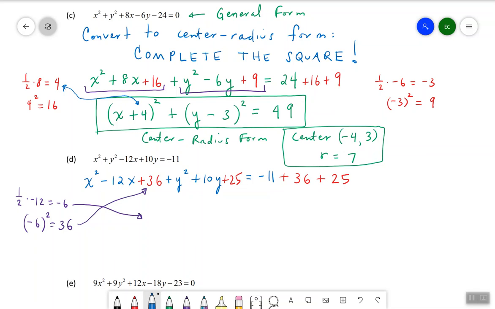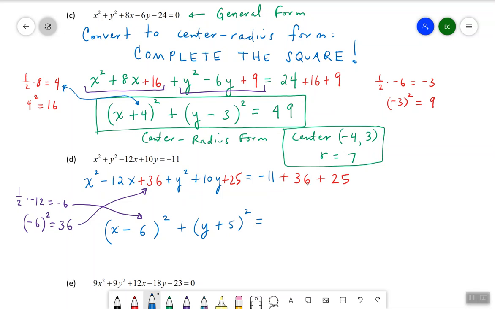It tells us just how to write the factor, x minus 6 squared. Is that clear? When we took half of 10, we got 5. So 5 is the number that you need to write out the factor for y. You'll have y plus 5 quantity squared.